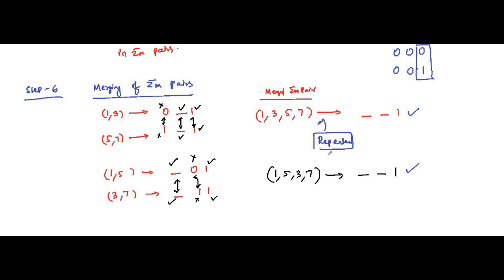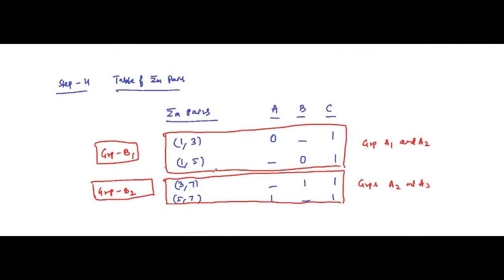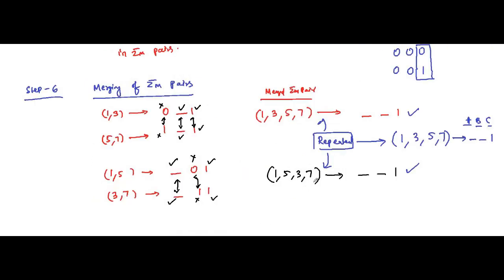So they will be considered as repeated and will be replaced with a single merged minterm pair, 1357 in proper order, and its binary equivalent will be dash dash 1, for A, B and C. Okay, so for this whole table of minterm pairs, there is only one merged minterm pair, which is 1357.